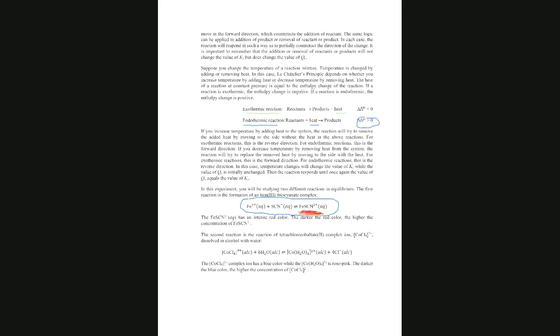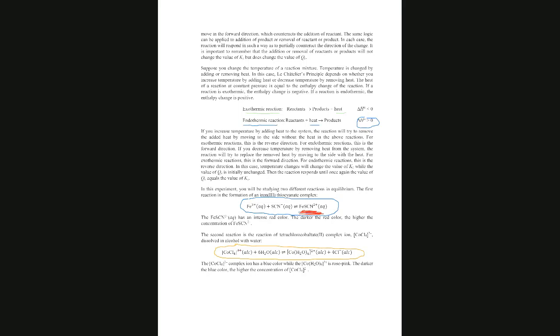When you look at the guide, I crossed this because the charge of this complex, it's the tetrachlorocobaltate 2 complex. And here, if you look at your write-up, it's I think 3+, and that is not correct.